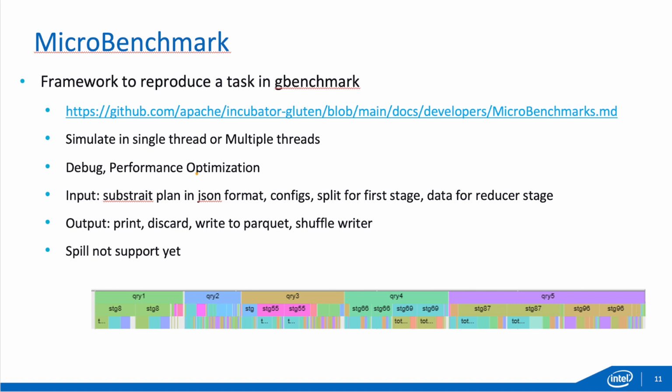What the micro benchmark does is simulate any of these tasks. It saves the data, either from the Parquet file or from the shuffle, saves the query plan, and then inputs it into a benchmark and tests it in single thread or multiple threads. It's very useful for debugging and performance optimizations.